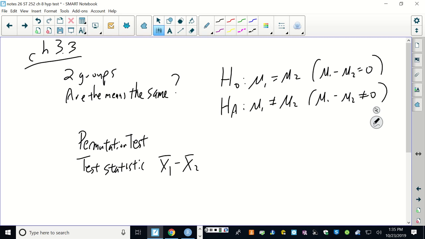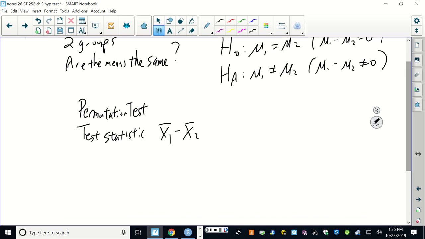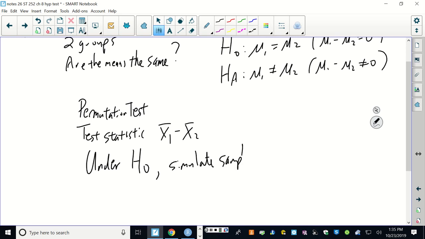We look at that test statistic, and it's not going to be exactly 0, but is it sufficiently far from 0 that we can justify a claim that there really is a difference, and that one group is bigger than the other? In the permutation test, under the null hypothesis, we simulate the sampling distribution of the difference.